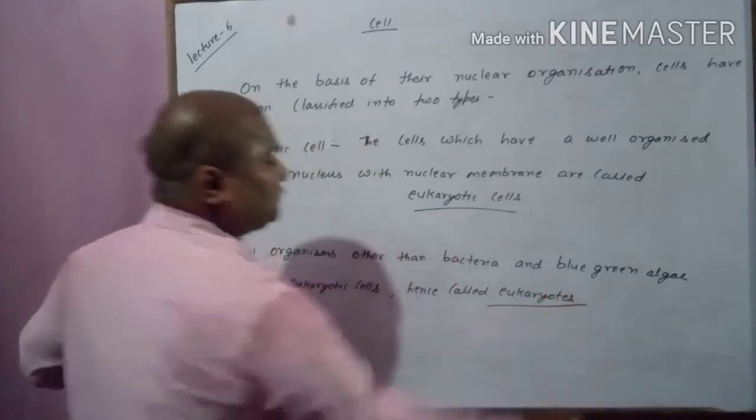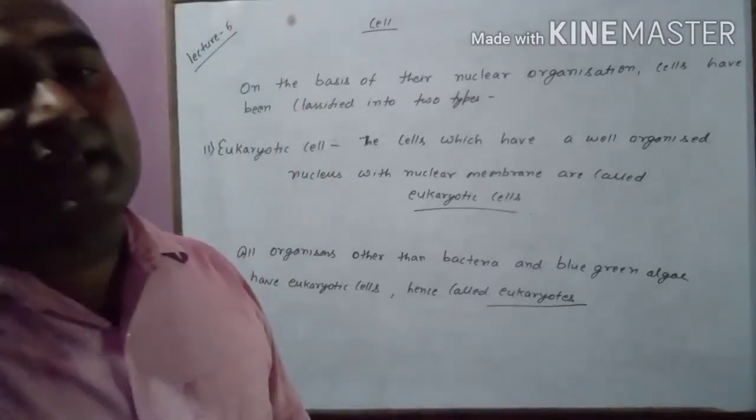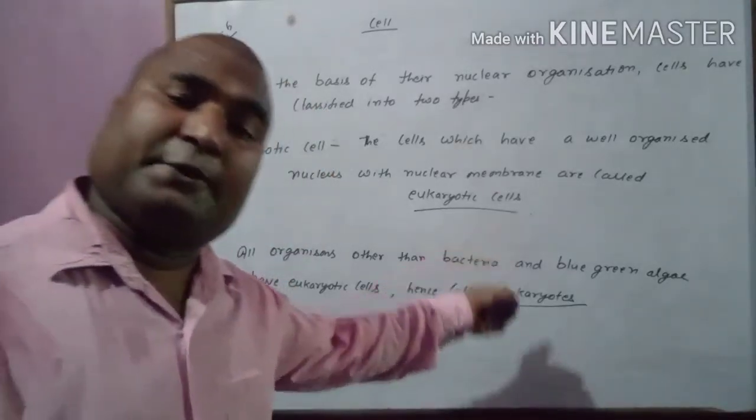So organisms which have eukaryotic cells are called eukaryotes, and organisms that have prokaryotic cells are called prokaryotes.